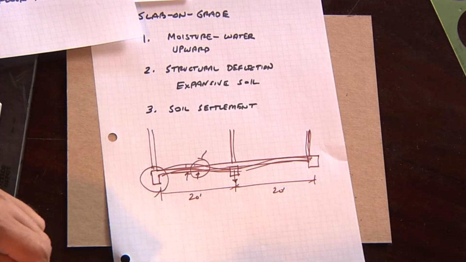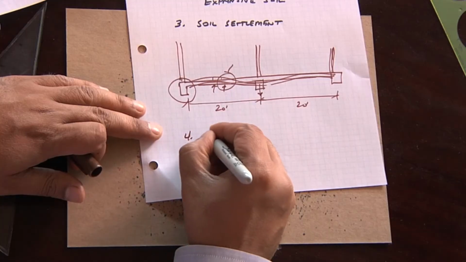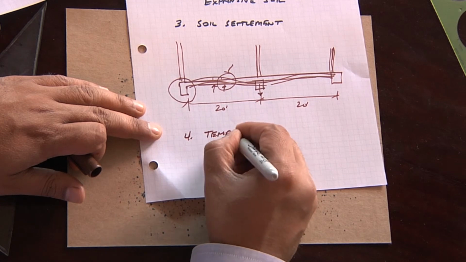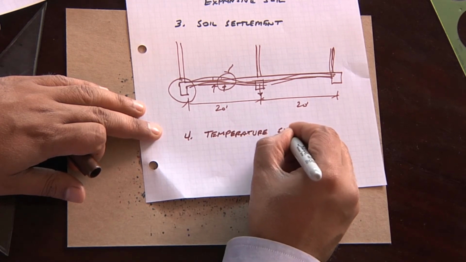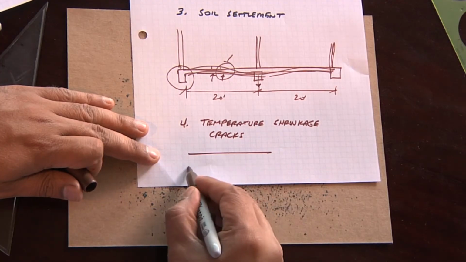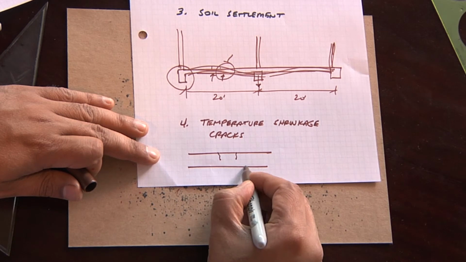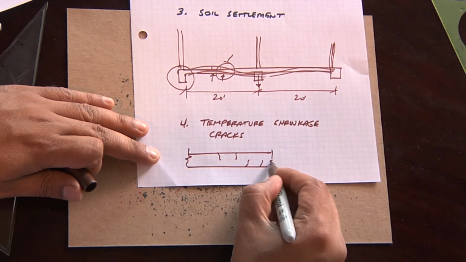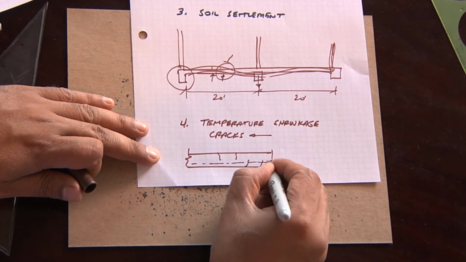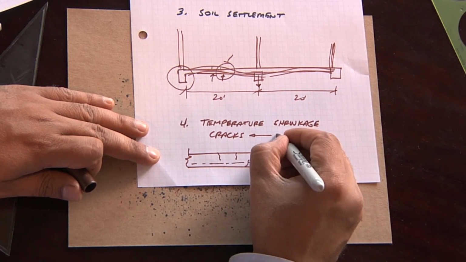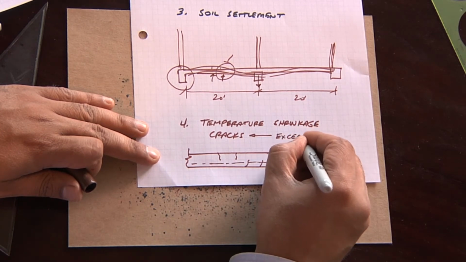Another thing that comes up with slab on grade systems is what we call temperature shrinkage cracks. What happens there is the slab will exhibit some normal cracking, but if it does not have the adequate steel, if the steel is not there, this could become quite excessive.